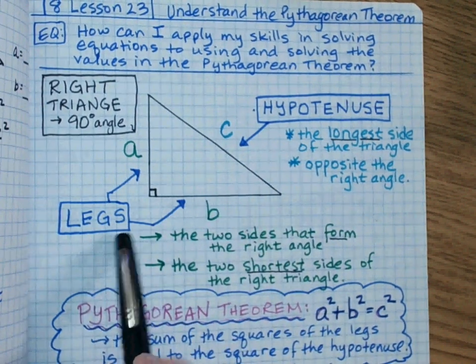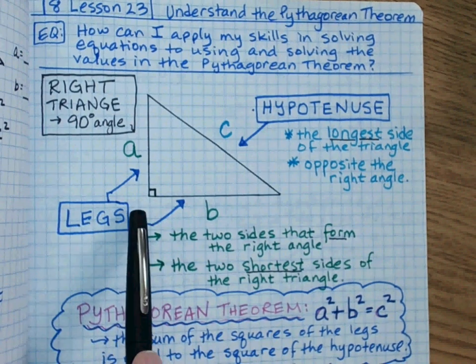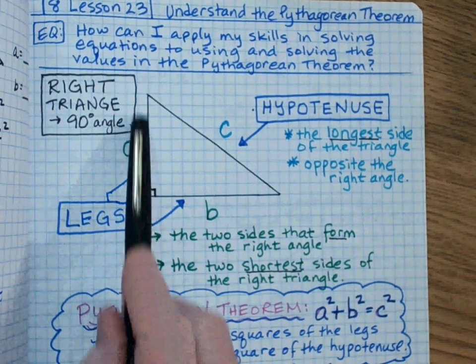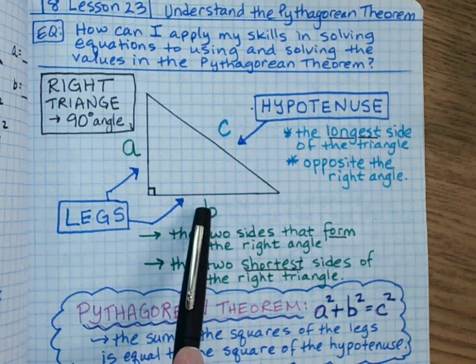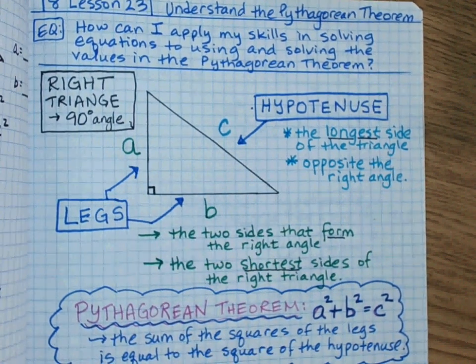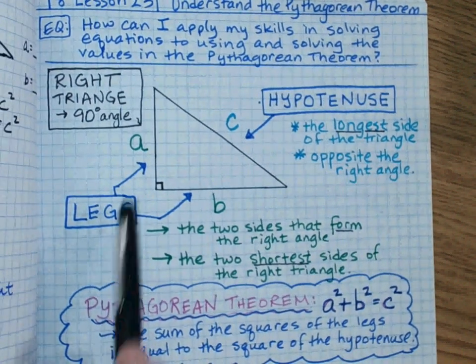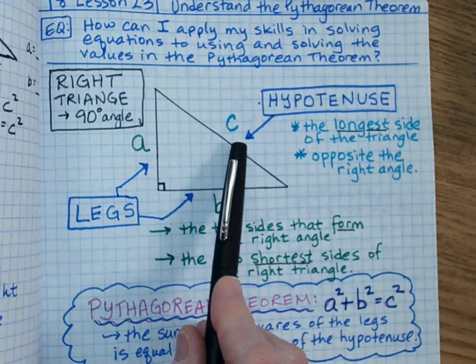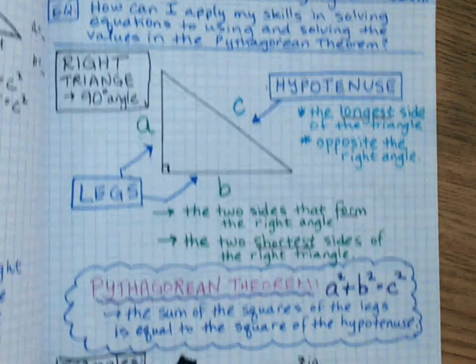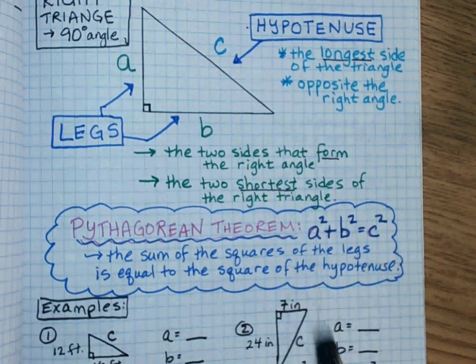The legs are the sides that form the right angle. So they're the two sides that form the right angle, and they are, of course, shorter than the hypotenuse. So they're the two shortest sides. And we always represent the legs with the letters A and B, and we represent the hypotenuse with the letter C. So in the Pythagorean theorem, we say a squared plus b squared equals c squared.